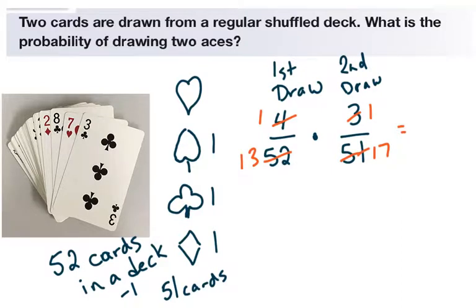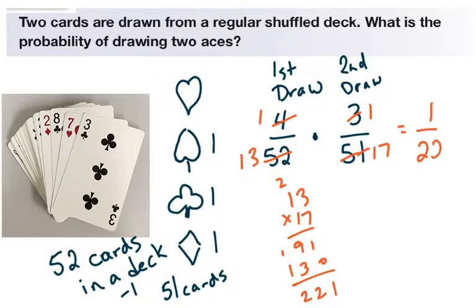So 1 times 1 is 1, and then 13 times 17 is 221. So the probability of drawing 2 aces out of that deck, in 2 draws, is 1 out of 221.